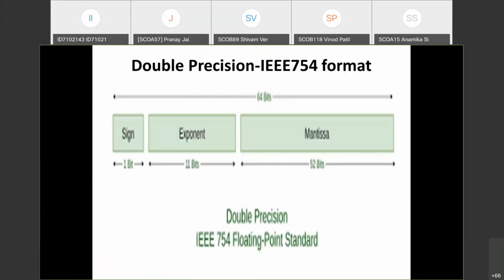So first of all, as I said, we have seen the format for the double precision. Here one sign bit is represented.